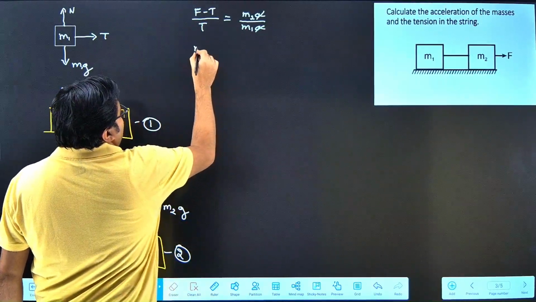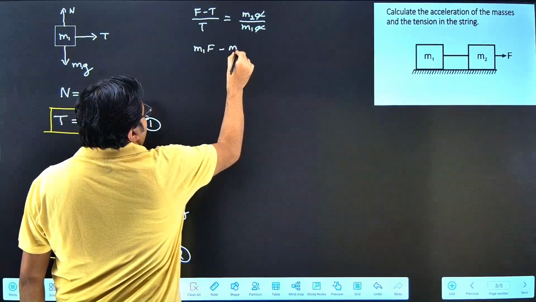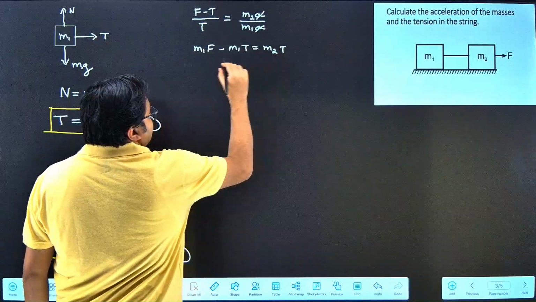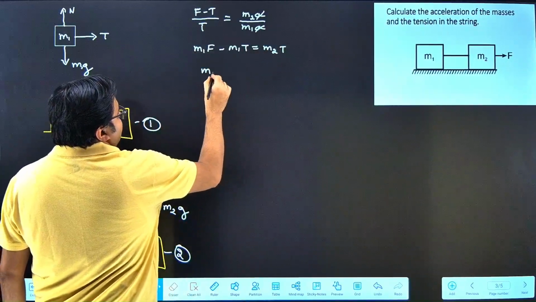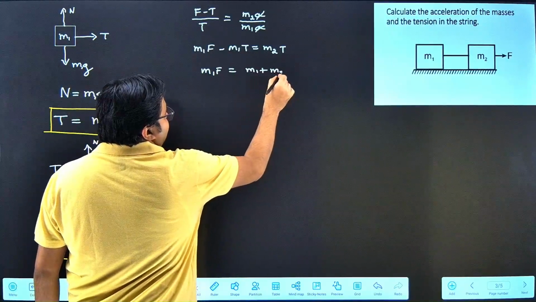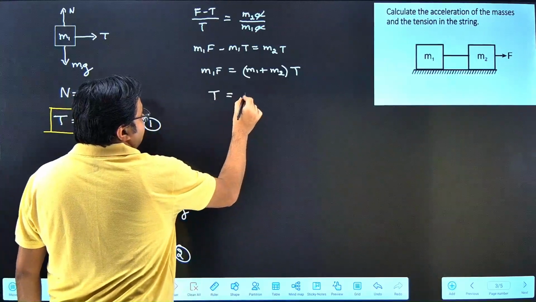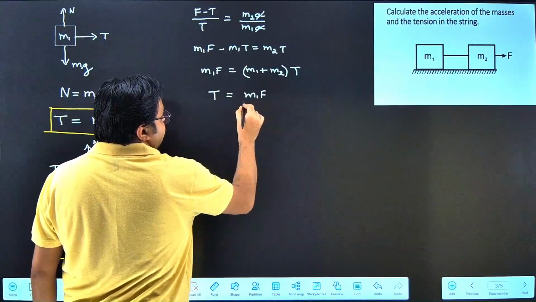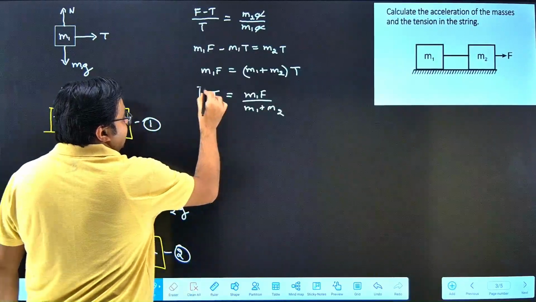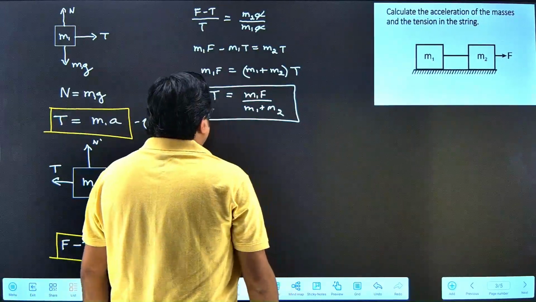If you cross multiply, you have M1 into F minus M1 into T equal to M2 into T, and then you will have M1 into F being equal to M1 plus M2 multiplied by T. So T would simply be equal to M1 times F divided by M1 plus M2. So this is the equation for tension.